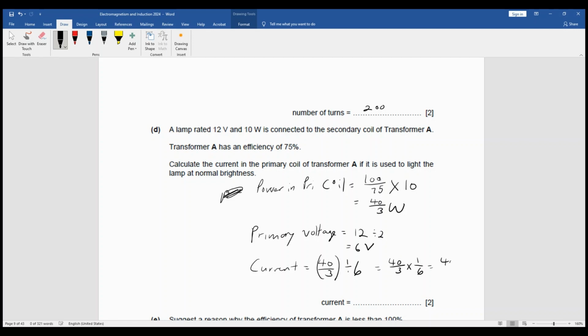Why is my answer so gross? 18 times 2 is 36, still left 4. 4 over 18. Ugh. Never mind. I use calculator. 2.2 ampere, 2 SF. So the current is 2.2 ampere.